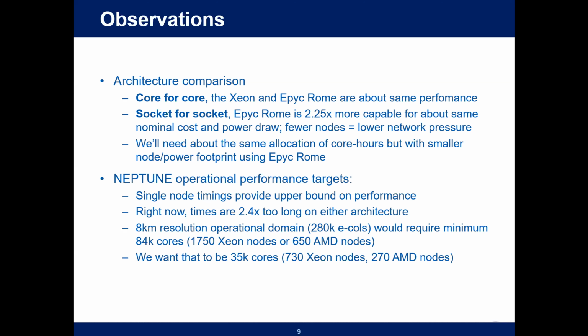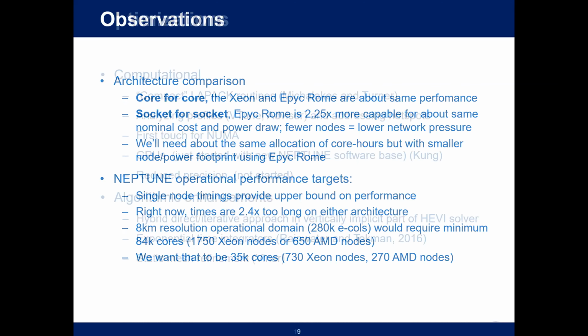Physics, we estimate, will add about a 20 to 25% increase to the cost of these runs. In any case, for dry dynamics, the times are 2.25 times too long on either of the architectures. For the 8-kilometer resolution, we'd require a minimum of 84,000 cores on this new Navy machine. Our upper threshold is 50,000, and we want to get down to 35,000 cores.